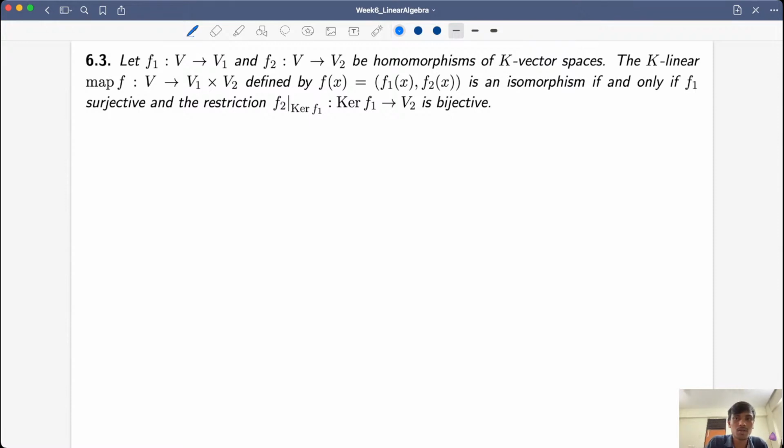Now suppose f is an isomorphism, so it is surjective. If I pick any element from v1 cross v2, it has a pre-image, so in particular f1 is surjective. And with this condition, if you restrict your f2 to the kernel of f1, that is bijective onto v2.